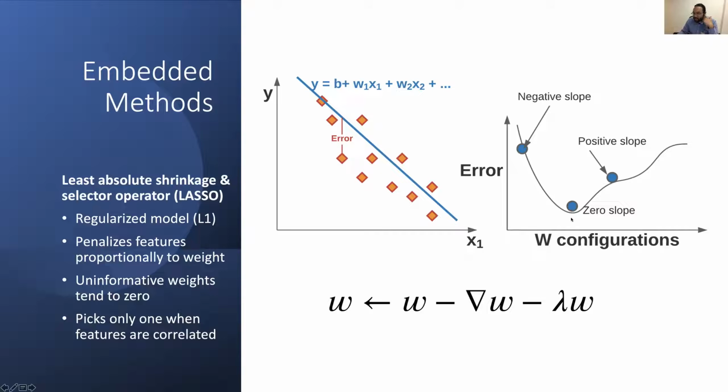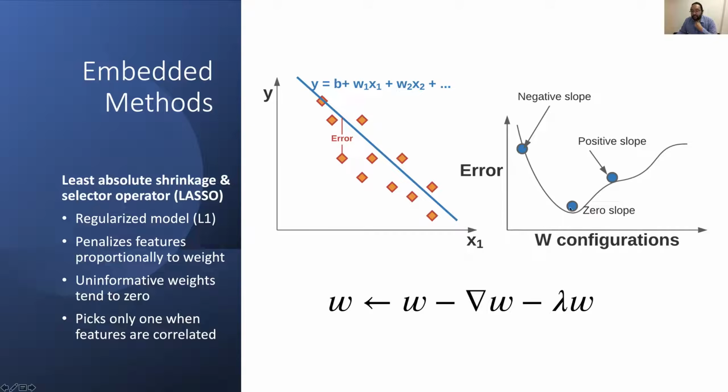If W is positive, it's going to try to shrink it. If W is a negative number, it's going to go in the positive direction. That's where the negative sign comes in. Does that make sense? So this term here tends to push all the weights to 0.